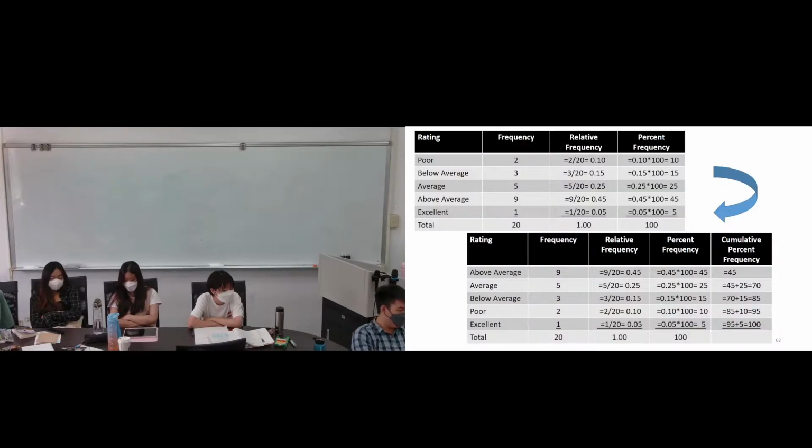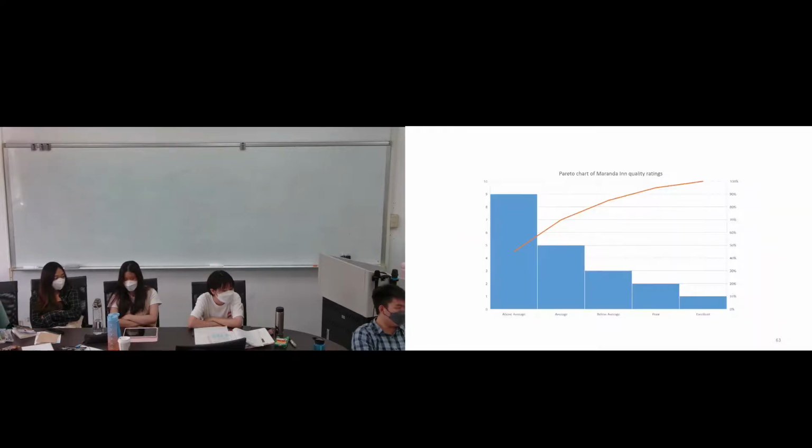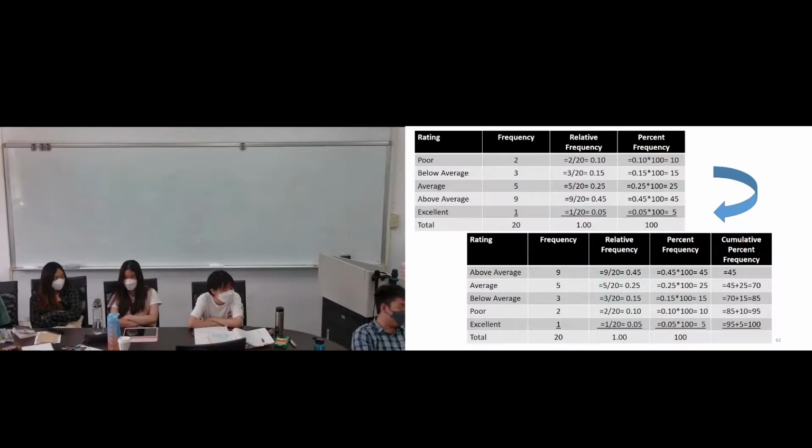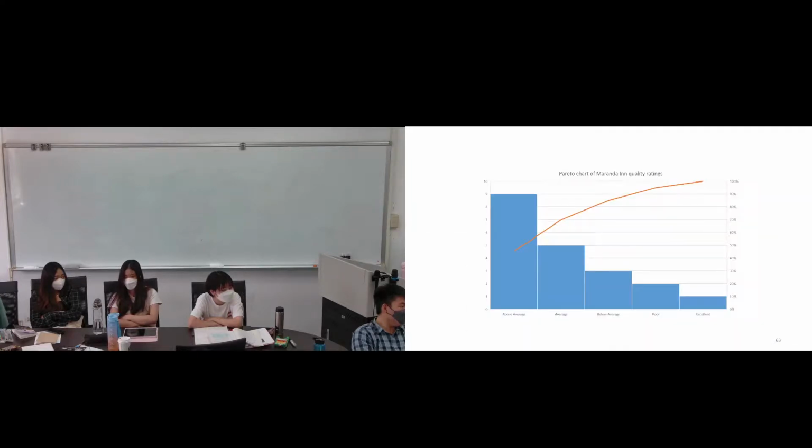Poor is 95%, so in the middle of the poor we depict the 95%, corresponding to the right vertical axis. And then excellent, that's the last entry, and the cumulative percent frequency should be 100%. So this is the Pareto chart of Miranda N quality ratings.